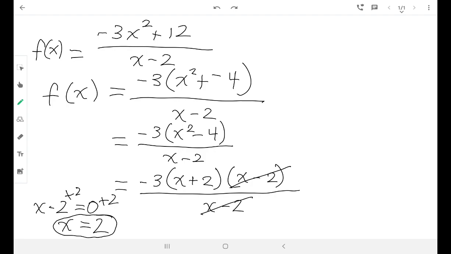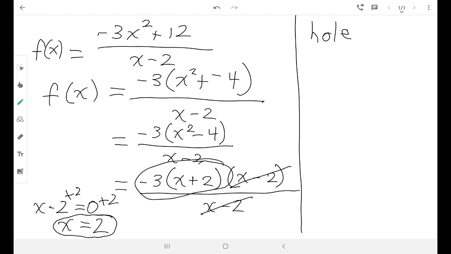So there is a hole, or a point discontinuity, they call it. Oh, no, I don't want to put it into the original. I'm very sorry. I want to put it into the simplified answer.